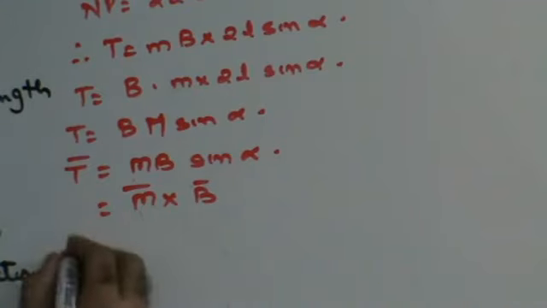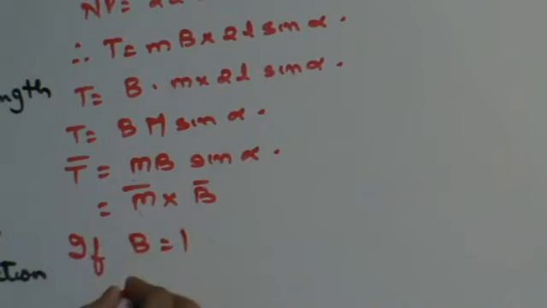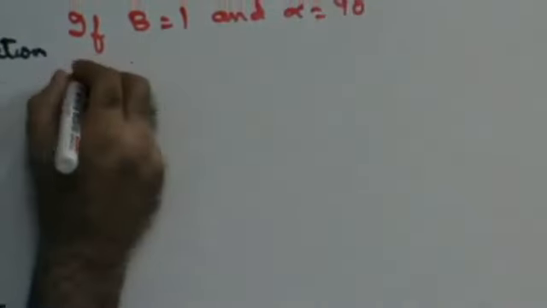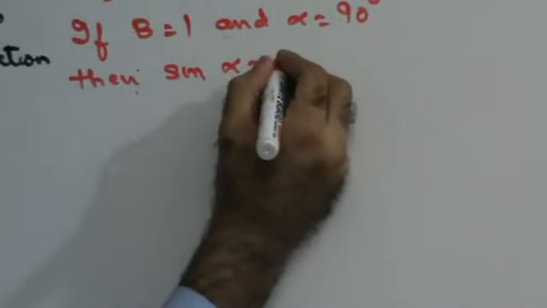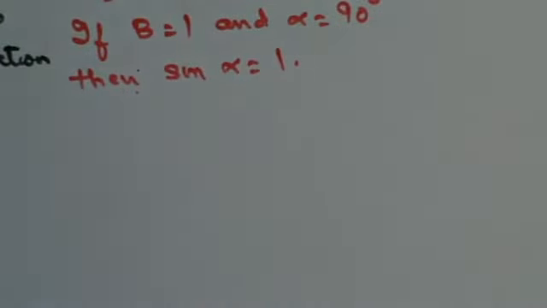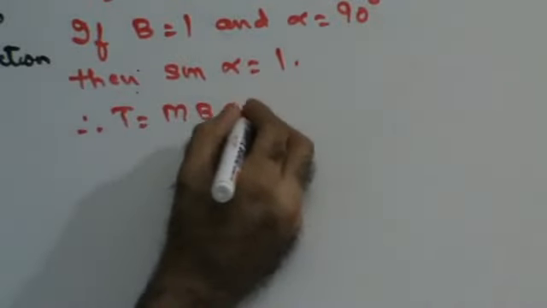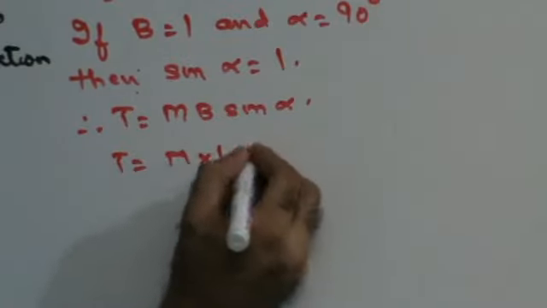Now, if the external magnetic induction B is 1 and alpha is equal to 90 degrees, then sine alpha will also be equal to 1 because sine 90 is 1, in which case torque, which is equal to MB sine alpha, will be M, since B is 1 and sine alpha is 1.